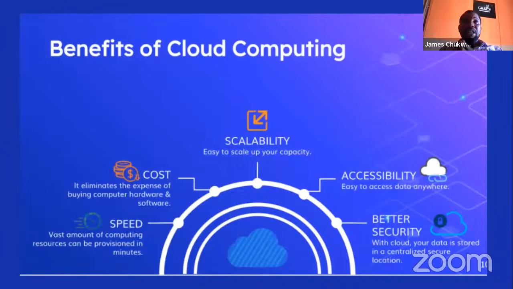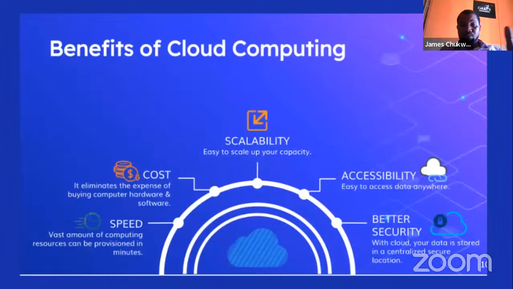Maybe I'm just working on my own, or freelancing, so to speak, and I do not have access to computing resources over the internet. What would I do? That means I have to start acquiring all of these infrastructures to set up my own data center. The cost implication of that on me will be quite much. So that is one of the things that happens. It eliminates cost.